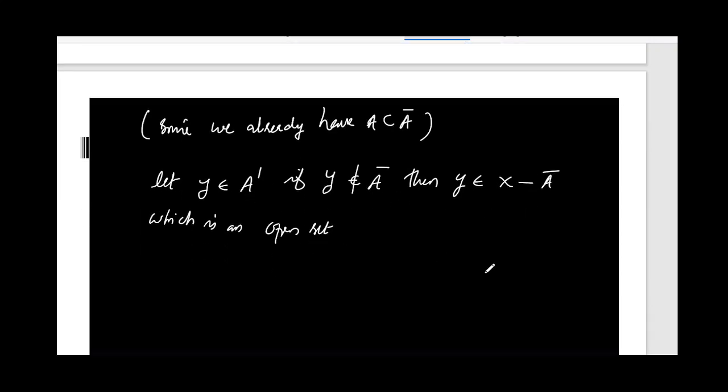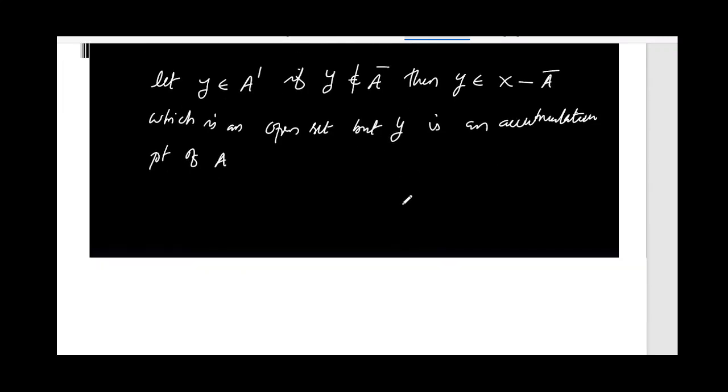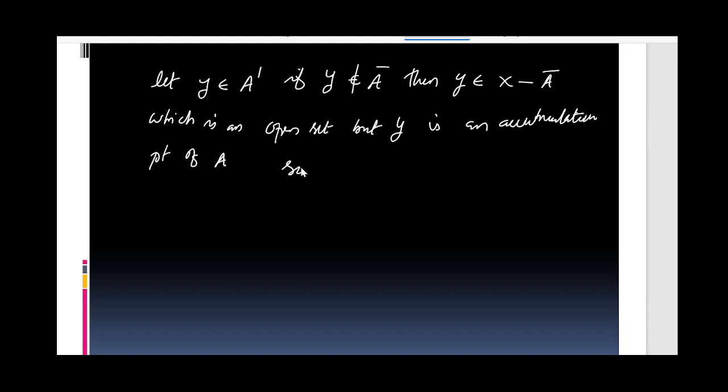Now Y belongs to A dash, so Y is an accumulation point of A.